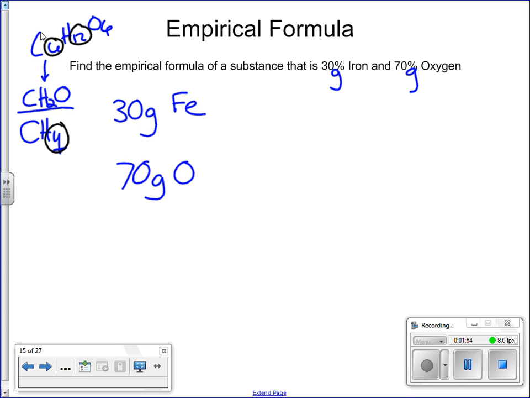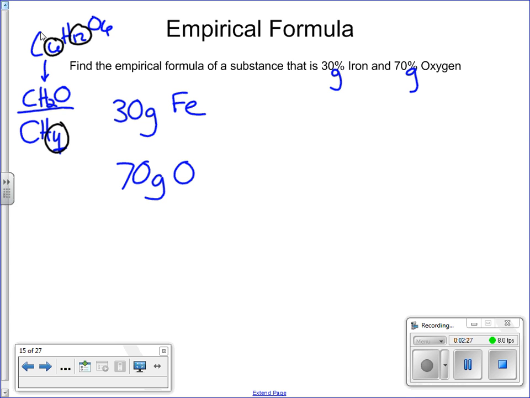So I can't use grams. I've got to figure out how many atoms of iron I have, how many moles of iron I have, and the same for oxygen. So first and foremost, iron. Iron weighs 56 grams per mole. So I need to convert 30 grams into moles.